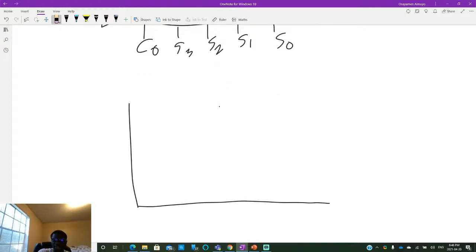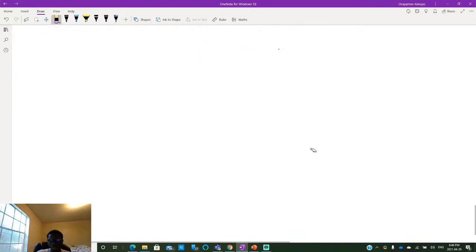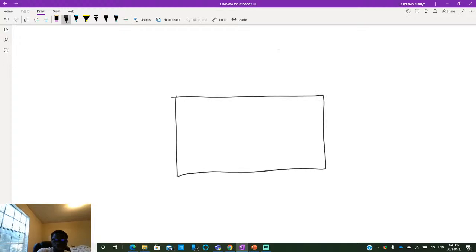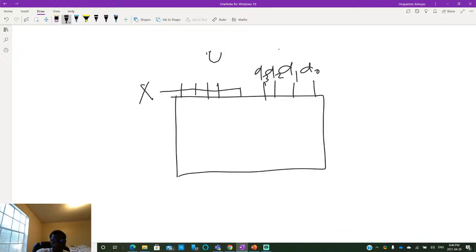I'm probably going to have to shift this below because I would need more space. Trying to draw an XOR gate there.